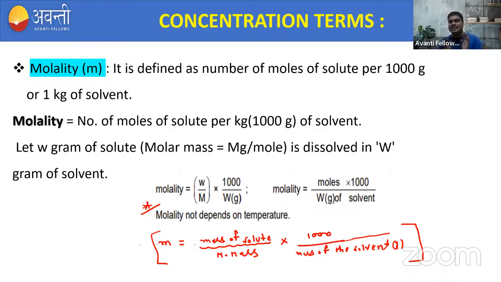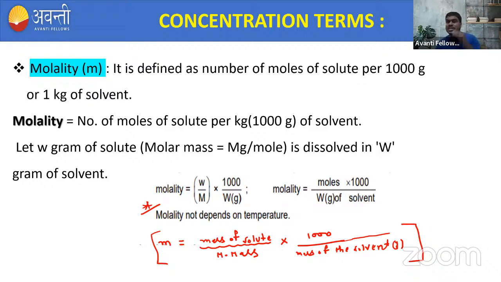Can anyone think why this is happening? Why in all colligative properties are we using only molality instead of molarity? Yes, because molality is temperature independent. It does not depend upon the temperature. But in colligative properties like elevation in boiling point and depression in freezing point, we deal with the temperature, right?